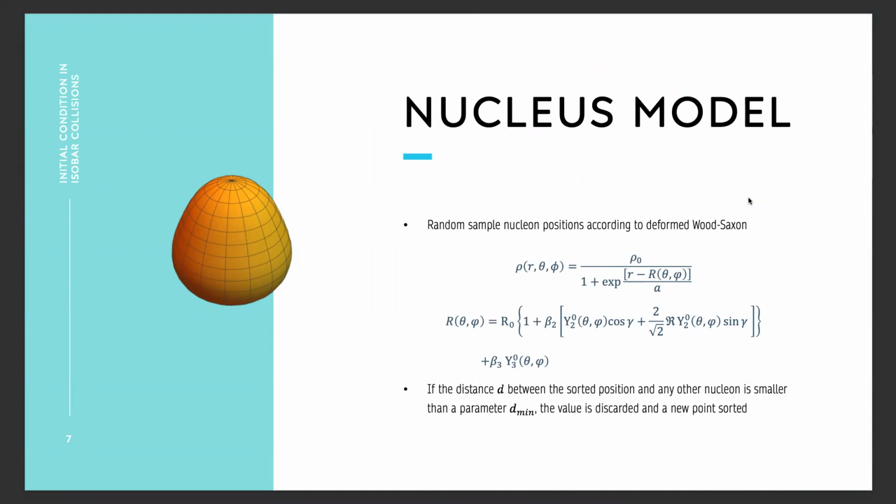Now you say that if you have a nucleon that is within the minimum distance, then you throw away this nucleon and randomly sample another one. Do you mean that you throw away the entire nucleus or just that particular nucleon? No, just that nucleon that would go on that position.